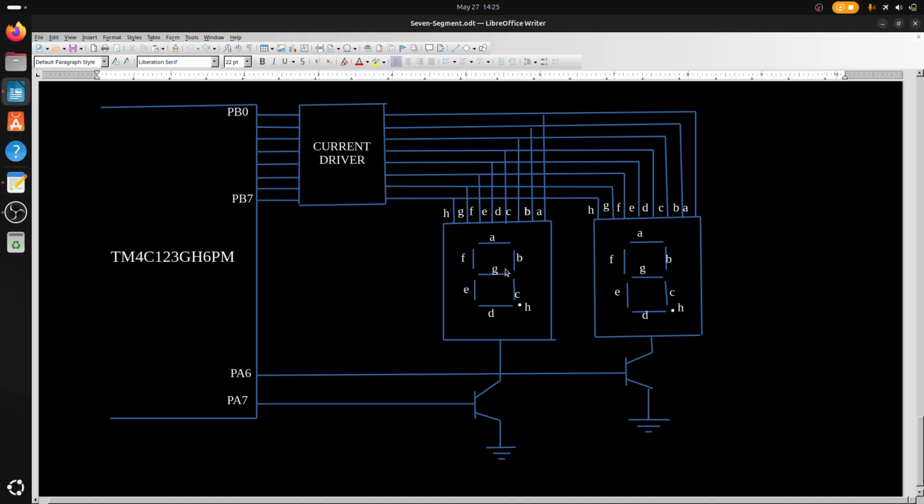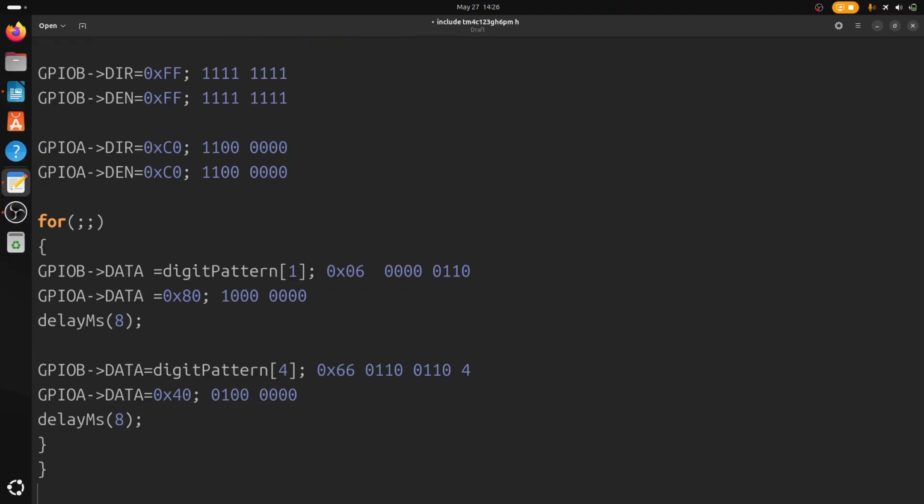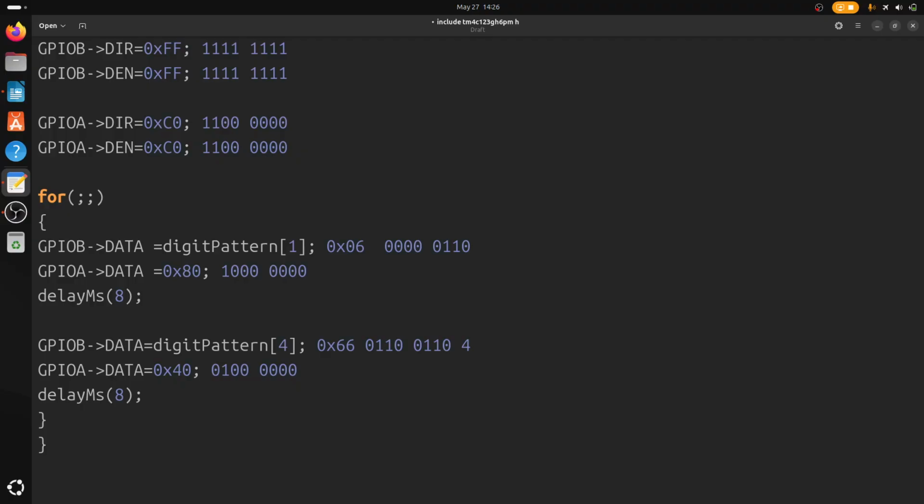I have set this digit by choosing this pin and giving the value from port B. So the configuration is finished, right? In this way it will display, and we'll write a delay call.